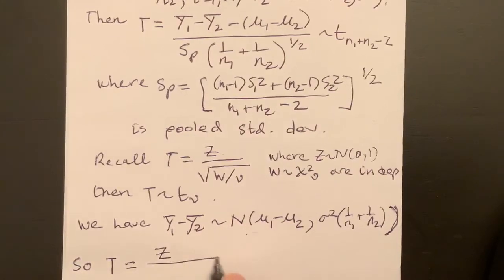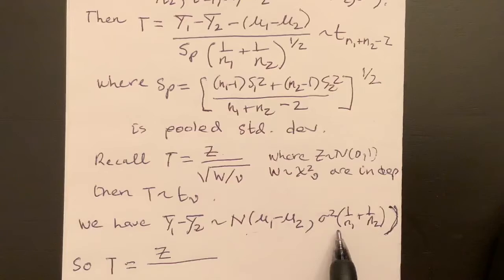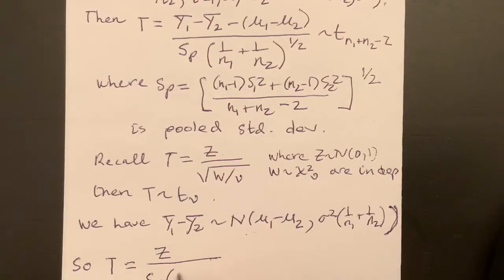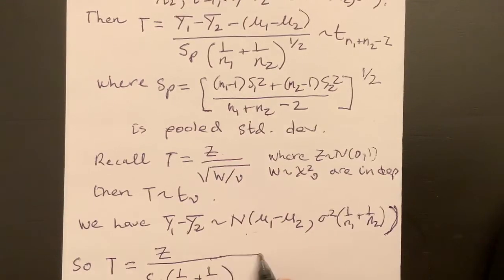So the top is z, right? Except I divided by the square root of this. So I have to do the same on the bottom. I can't just divide the top by the square root of this; I have to divide the bottom by the square root of this too. So t is that, and then I have sp times 1 over n1 plus 1 over n2 to the 1/2.